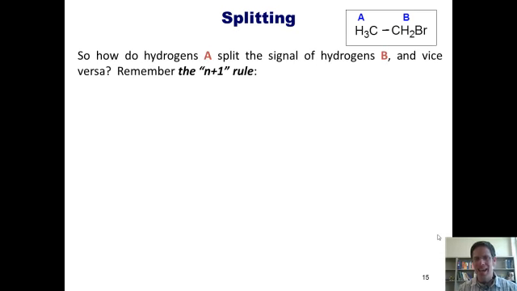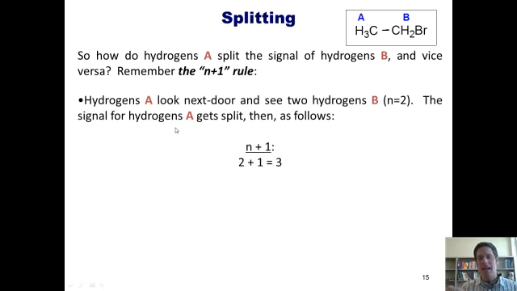So how do hydrogens A split the signals of hydrogens B and vice versa? I want you to remember the n+1 rule. Hydrogens A look next door and see 2 hydrogens B. You see that? The signal for hydrogens A then gets split as follows: 2 plus 1 equals 3.